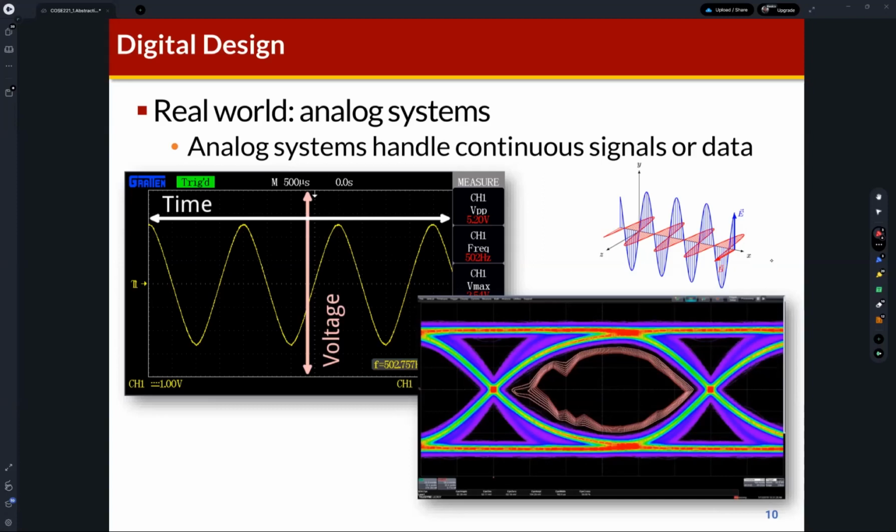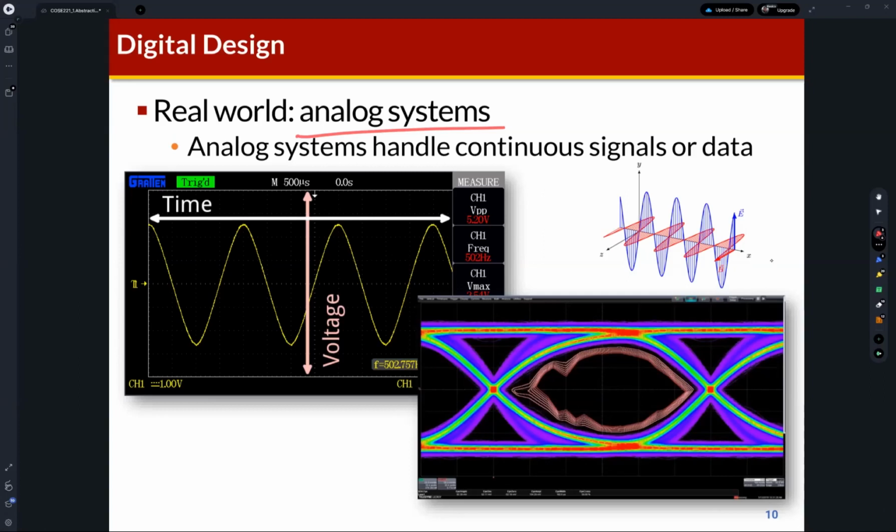To understand what analog signals are, if you look at this slide, you can find the real world. Our real world is composed of analog systems. What does that mean?